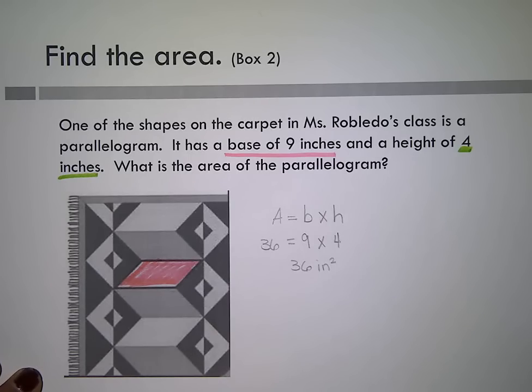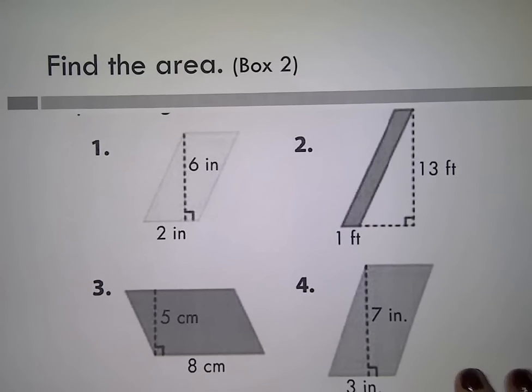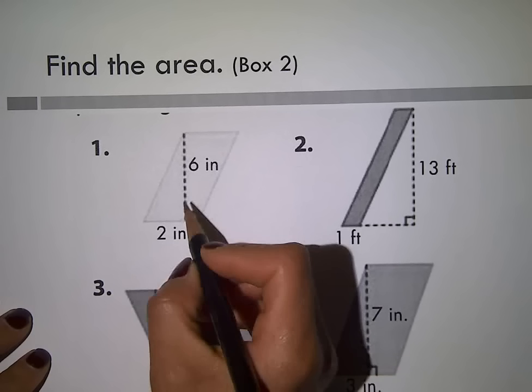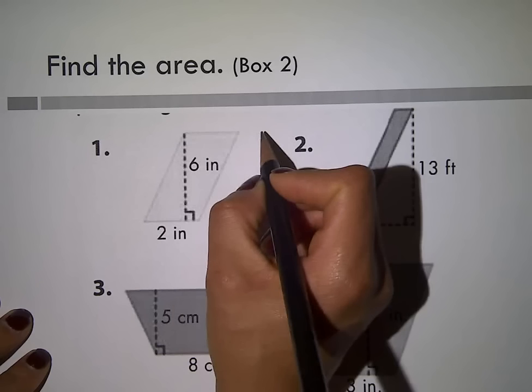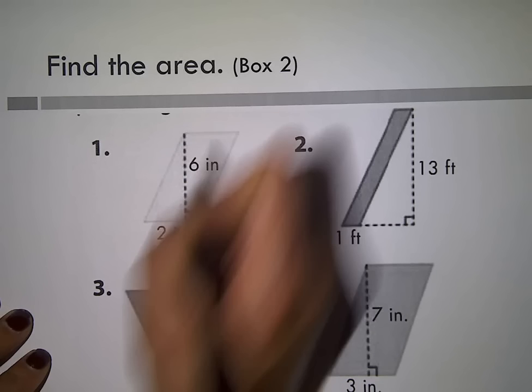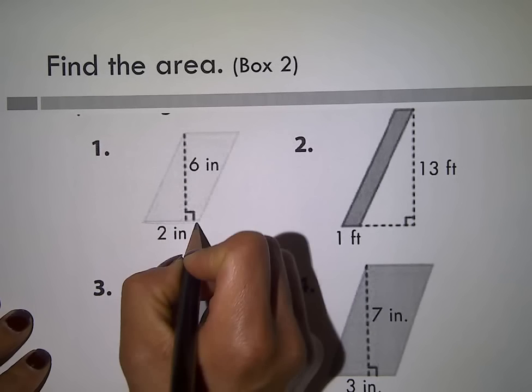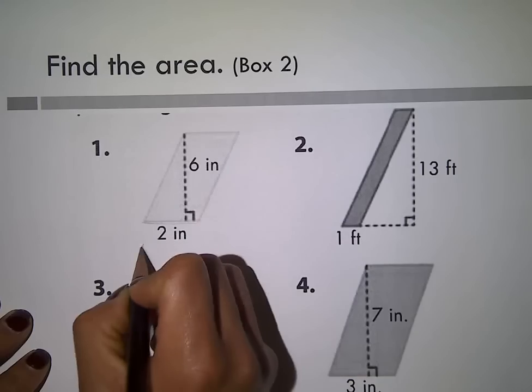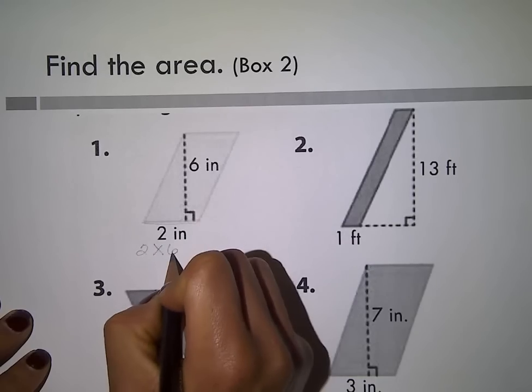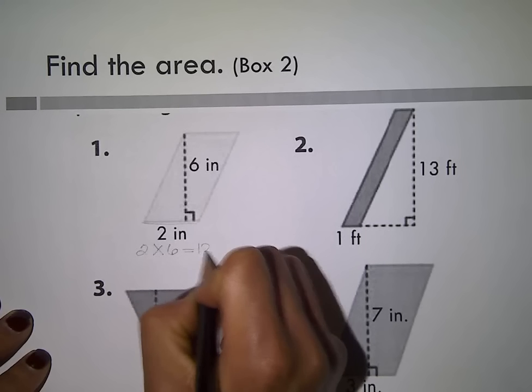Let's try another. Let's look at the parallelogram in number 1. Remembering that the formula for a parallelogram is base times height, 2 times 6. 2 inches times 6 inches is 12 inches squared.